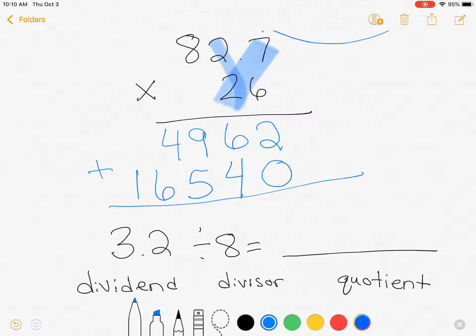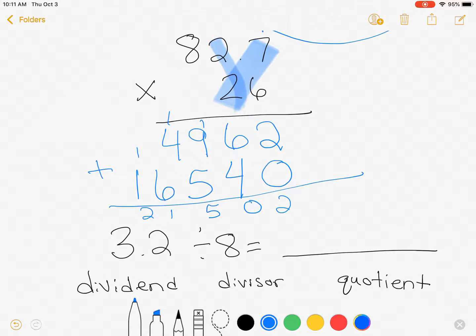So I have to add these two partial products together. 2 plus 0, 2. 6 plus 4, 10. 9 plus 1 is 10, and then we add the 5. 15. I always like to make 10 first. 6 plus 4 plus 1, 11. And then 1 plus 1, 2.